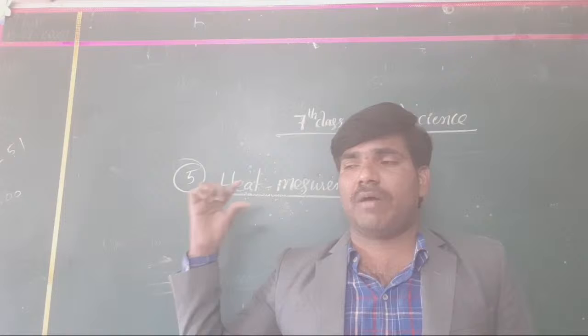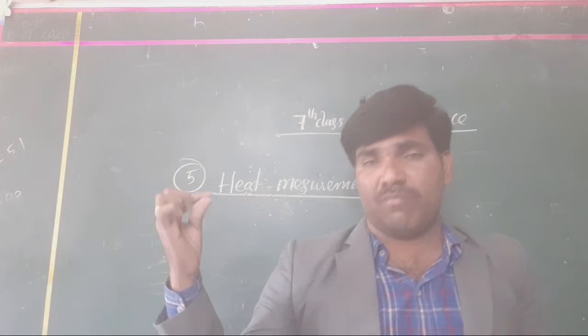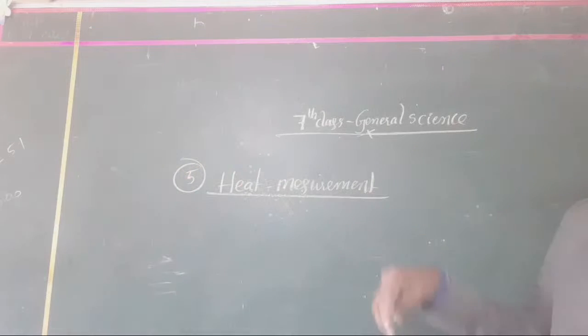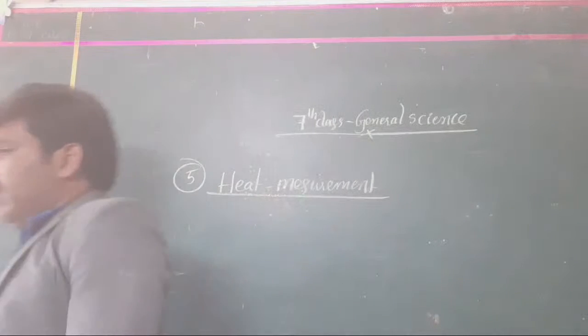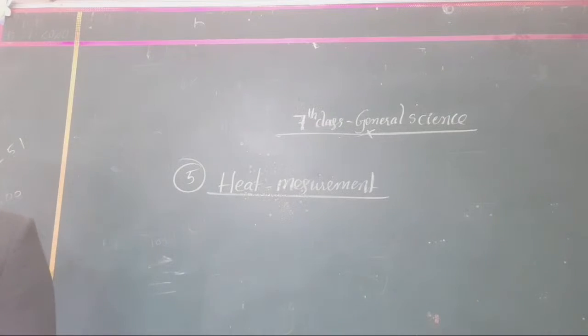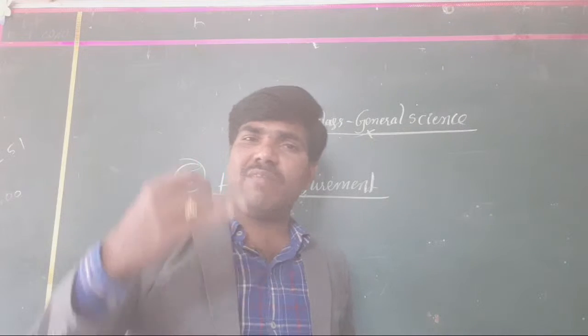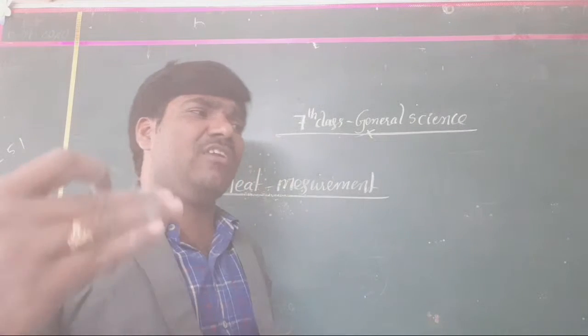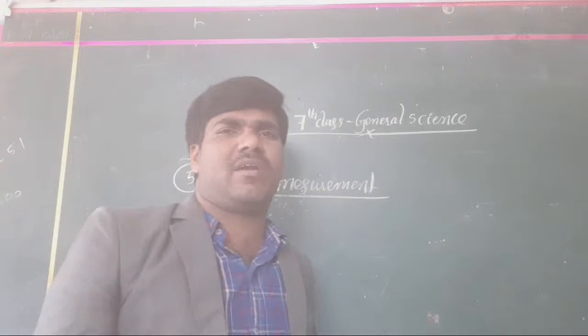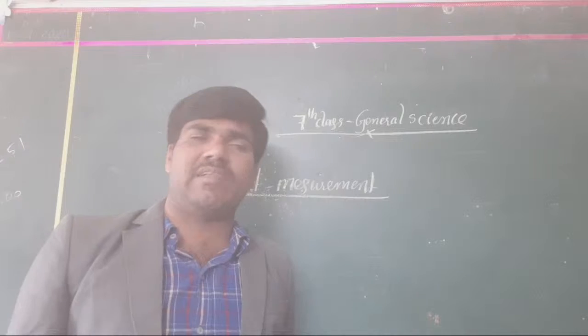The mercury bulb is connected to one more small rising tube, the mercury capillary tube. In the capillary tube the mercury moves. It appears easily through the glass, and that's why we can easily measure. Got it? This is the clinical thermometer.